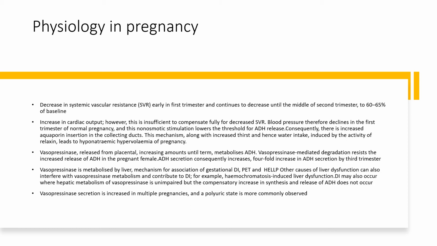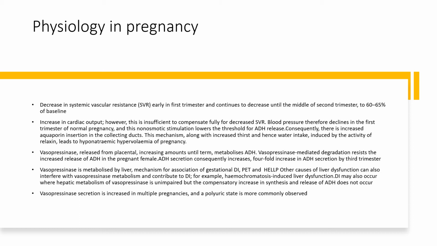This is the mechanism for the association of gestational diabetes insipidus with preeclampsia and HELLP syndrome. Other causes of liver dysfunction can also interfere with vasopressinase metabolism and contribute to diabetes insipidus, for example, hemochromatosis-induced liver dysfunction.